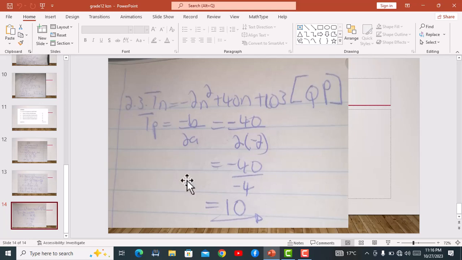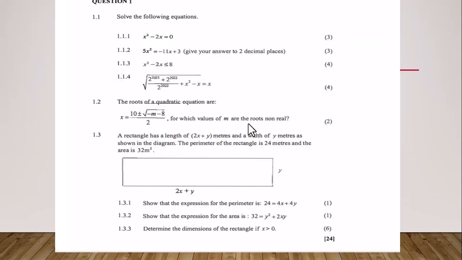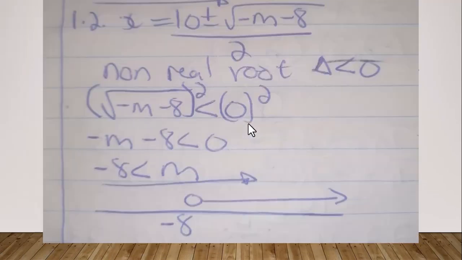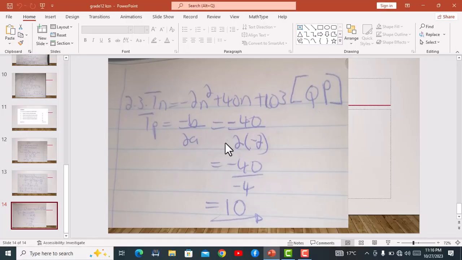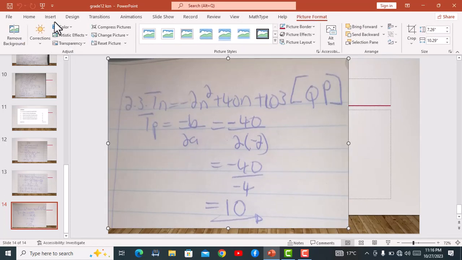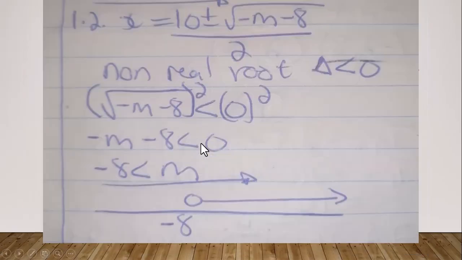Now let me take you back. Which term is the largest term? So I want you to see something here. There's something that I want you to notice here.